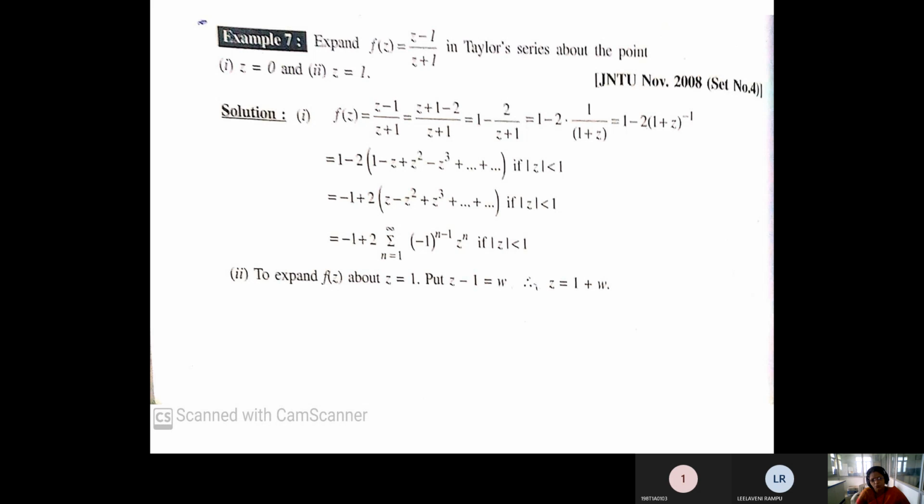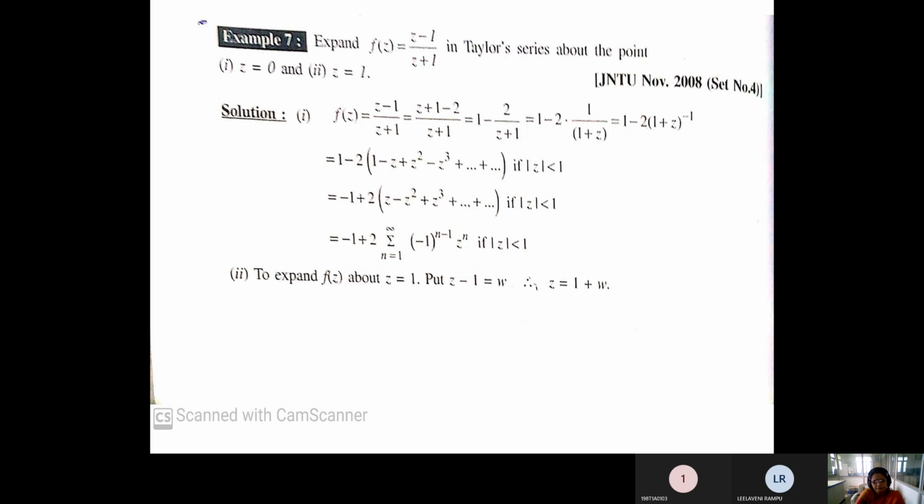So it is 1 minus 2 into z plus 1 whole power minus 1, that is, 1 plus z whole power minus 1. What is the series? I have already told you: 1 minus z plus z square minus z cube plus and so on, for mod z less than 1, because the singular point is negative 1 here.